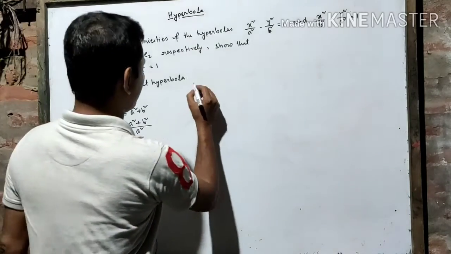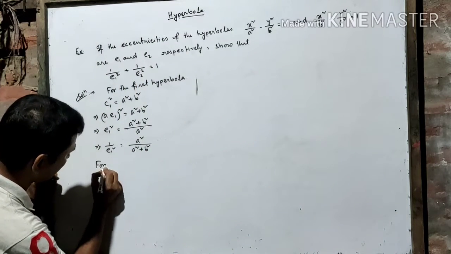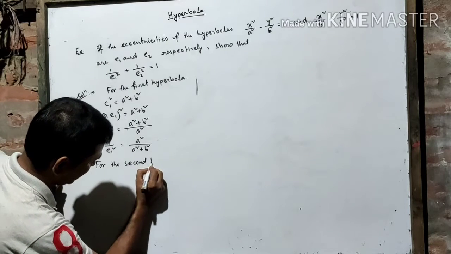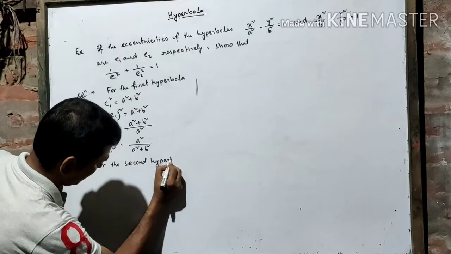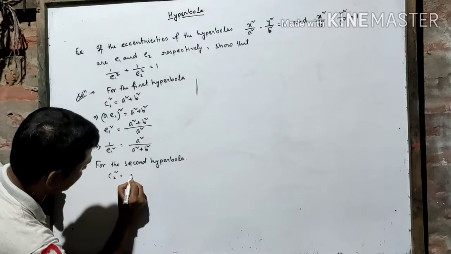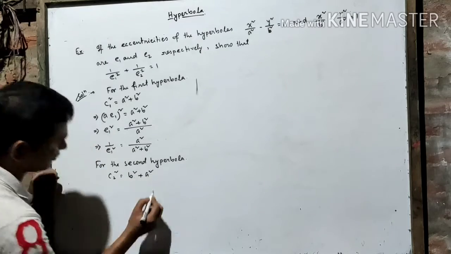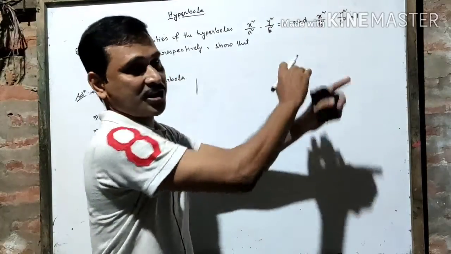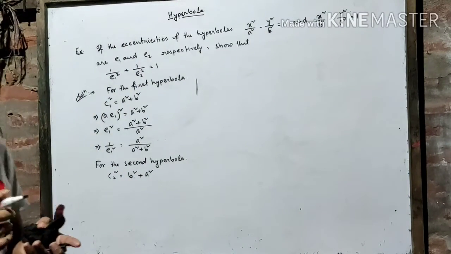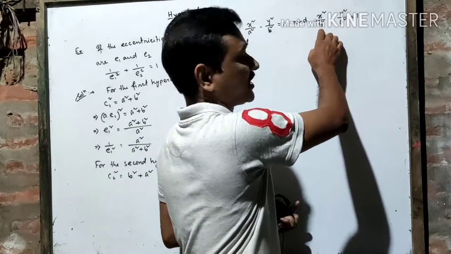For the second hyperbola, c2 square is equal to b square plus a square, because here a and b are interchanged. So I have written b square plus a square. And what will be c2? c is equal to ae, but for the second hyperbola, in place of a there is written b.